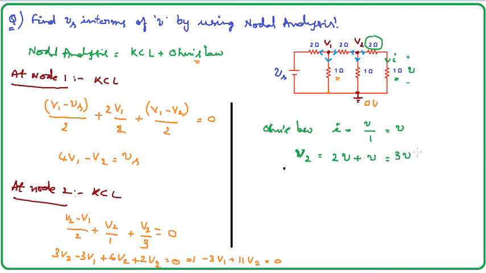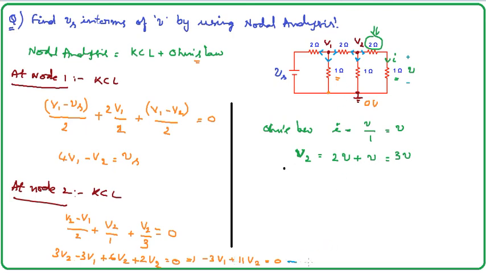So the voltage V2 is simply 3V, because the current passing through this is V and the voltage across this 2 ohm resistor is 2 into V. Of course, the voltage across this resistance is always V. So V2 is 3V now. Please substitute this V2 here so that you will get V1.